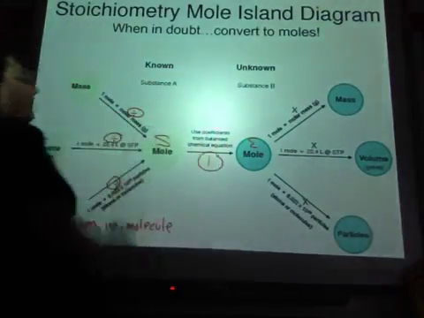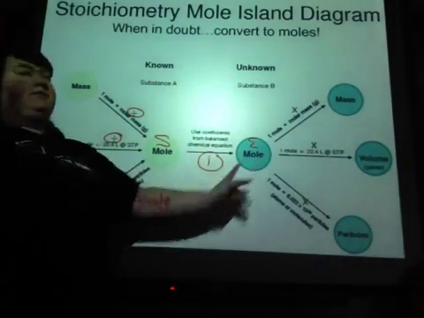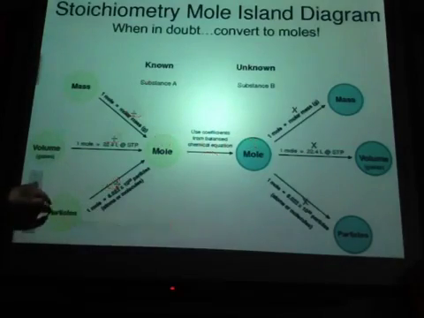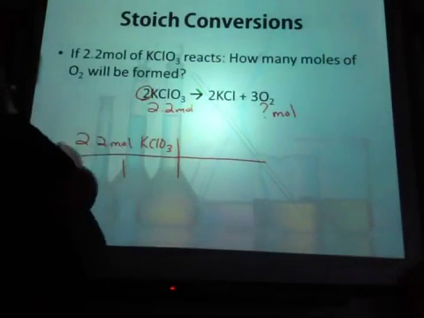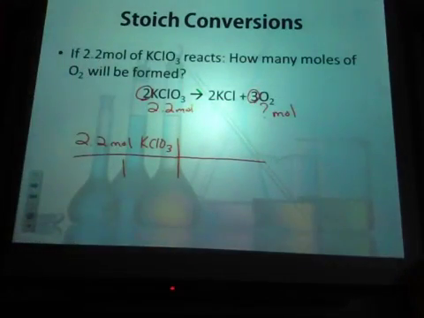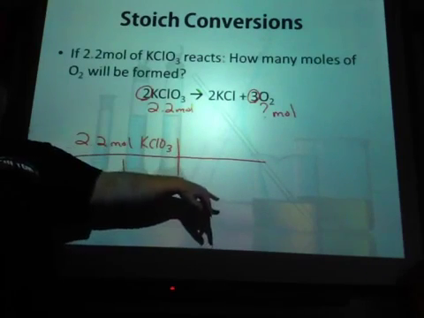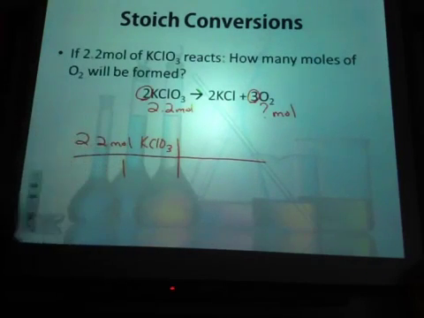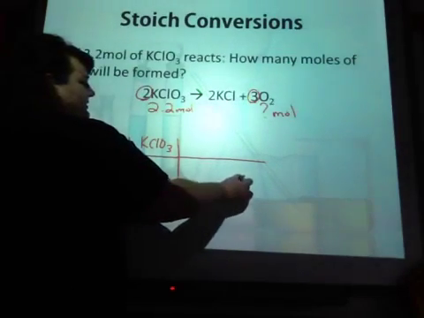Step number 1, use our coefficients. Moles of one thing to moles of another. So we have to use our numbers up here, our coefficients. We're going to be using potassium chlorate and oxygen. If we have moles of KClO3, what should go on the bottom in the next step? What unit? If you want to get rid of it, we have to divide by it on the bottom.